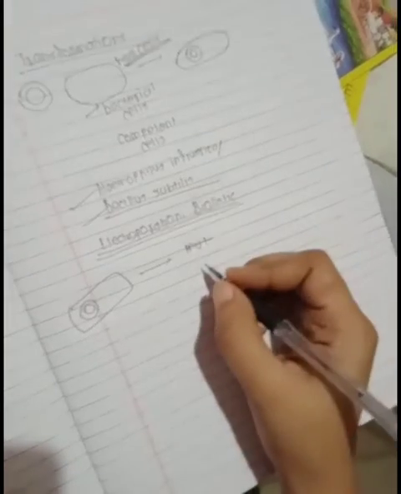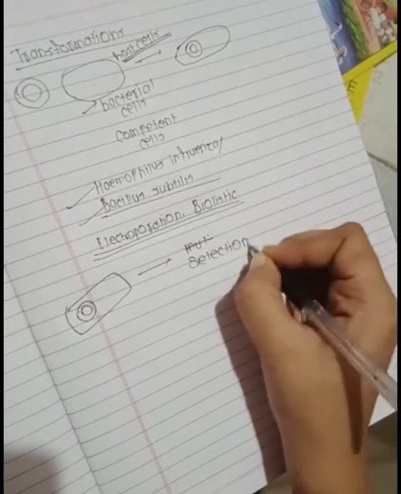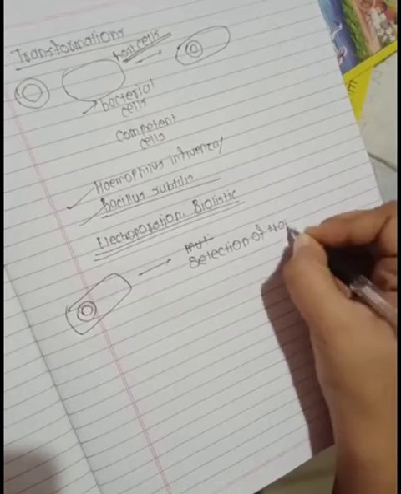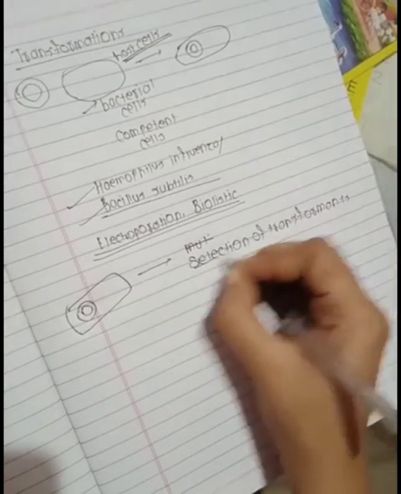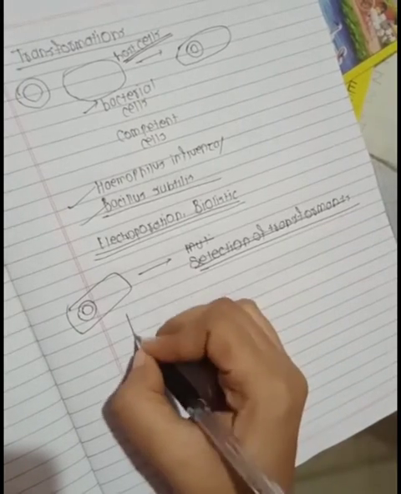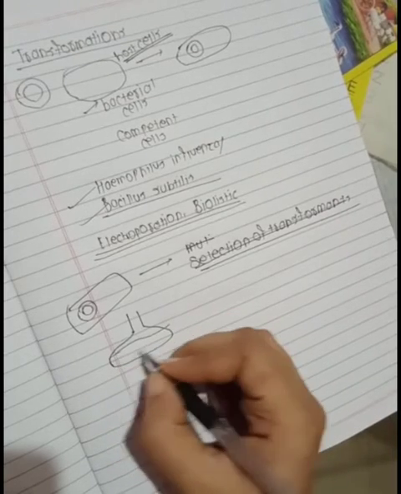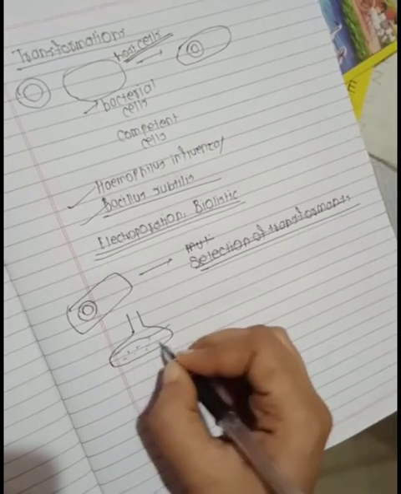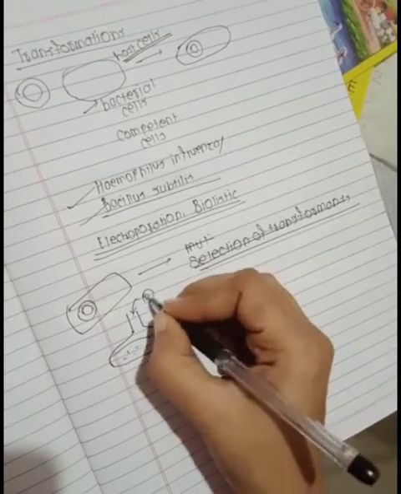The next thing is selection of transformants. Students, selection of transformants is very important. Suppose this is a bacterial broth, where you will have bacterial colonies, and you are going to put plasmids into it.